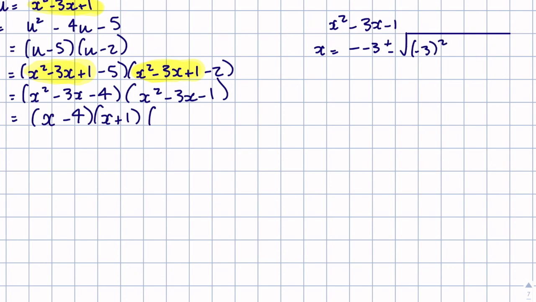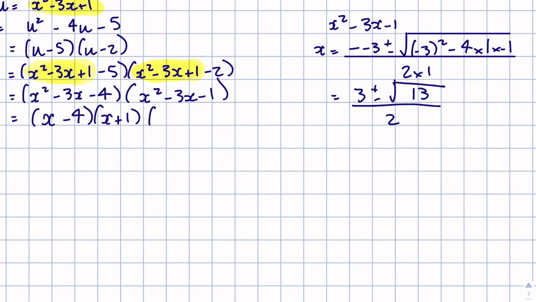Negative 3 squared take 4 times 1 times negative 1, all over 2 times 1, which gives me 3 plus minus the square root of what? 9 plus 4, 13, over 2. So I've got 3 take root 13 over 2 and 3 plus root 13 over 2. I don't have my calculator. So then that's what x equals.